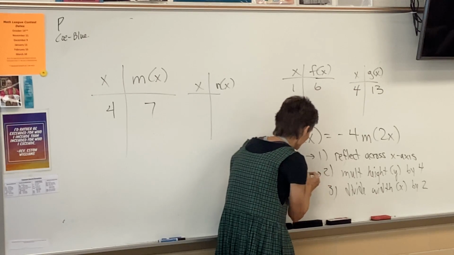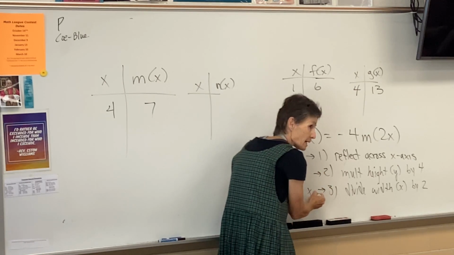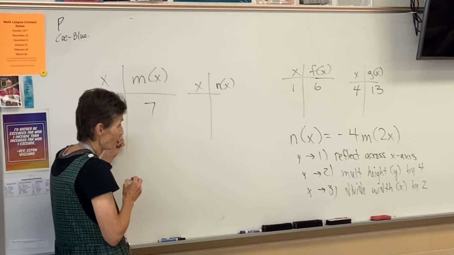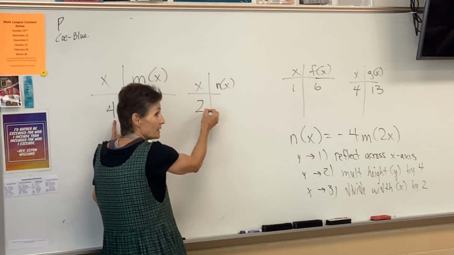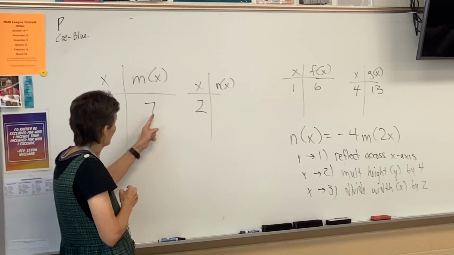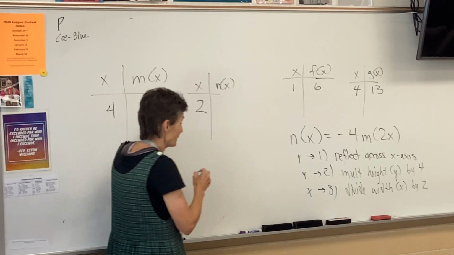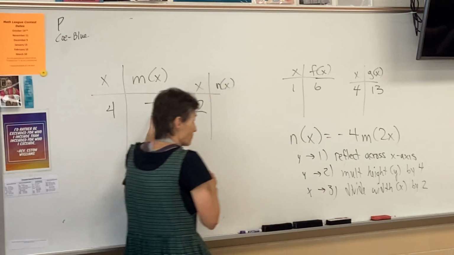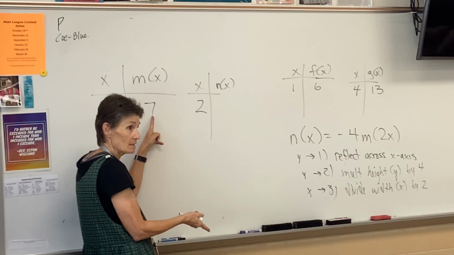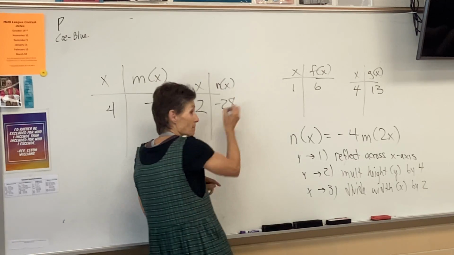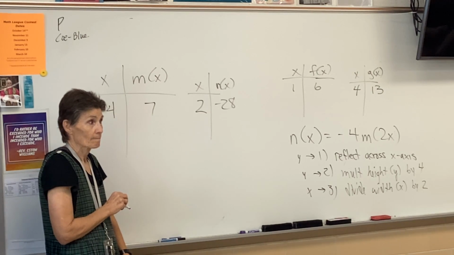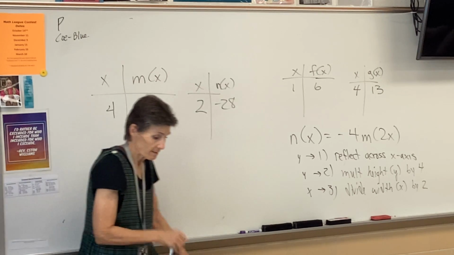This is going to affect y. And this is going to affect x. All right, so our x coordinate was 4. Our new x will be 2. Our original y was 7, so we're going to multiply that by 4, get 28, and then reflect it, so this will be negative 28. Is that okay? All right.